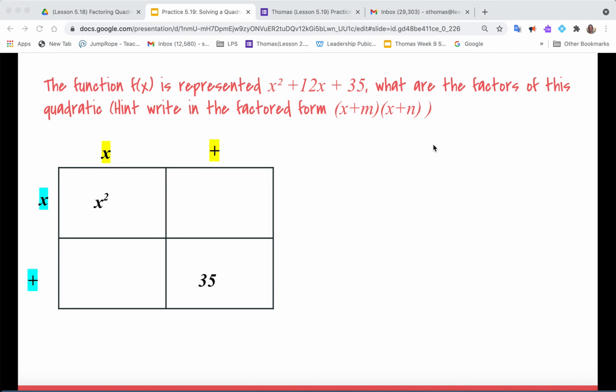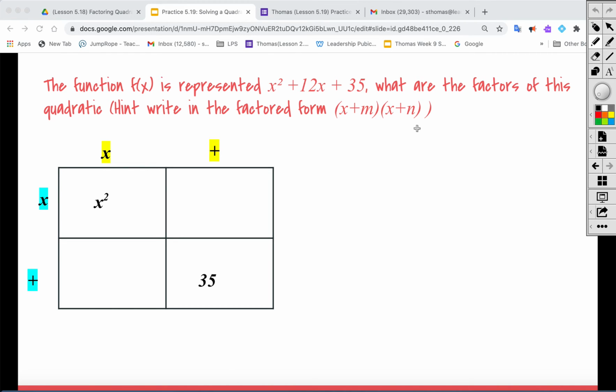So when you think about it, what are the factors of a positive 35, which when added together will give us 12? I generally like doing a table, so that's 1 times 35. There's 7 times 5, and the pair that gives me 12 when I add the factors together is 7 plus 5, that's 12.